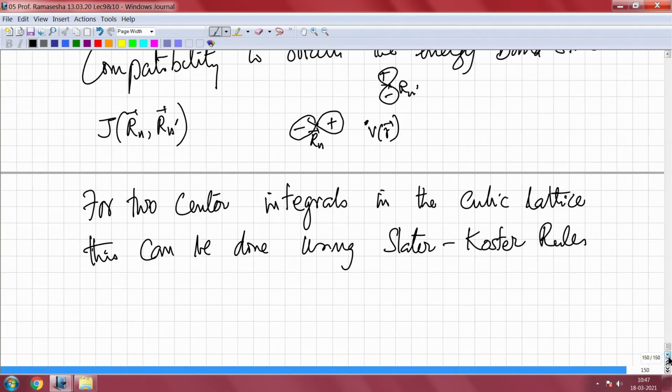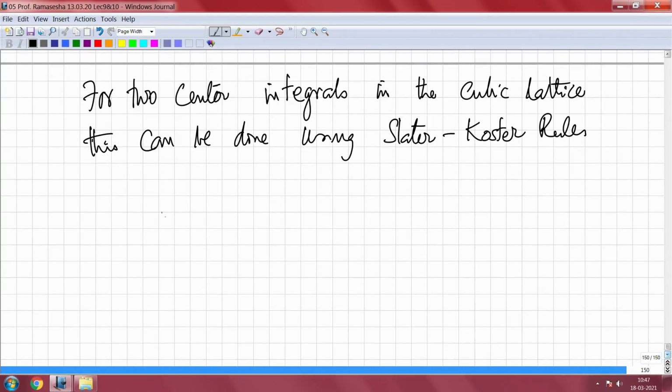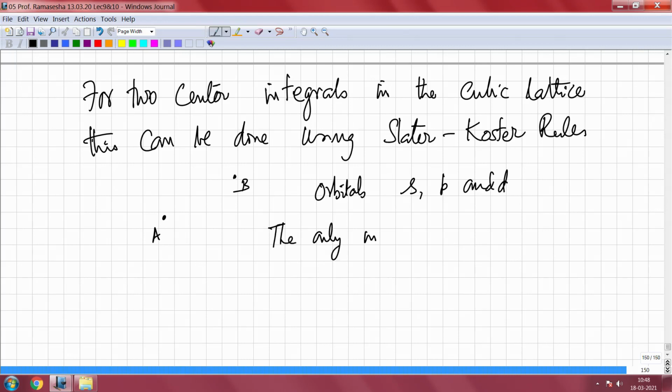In the Slater-Koster rules, what one is having is the following, that is, if you have two sites A and B, then if we have orbitals S, P and D, the only interaction integrals you will have, the only interaction integrals which are unique.